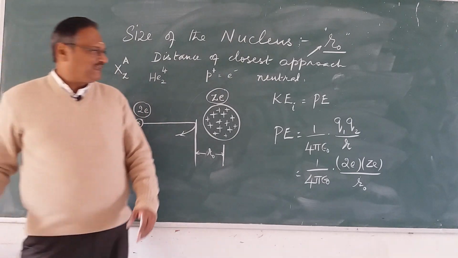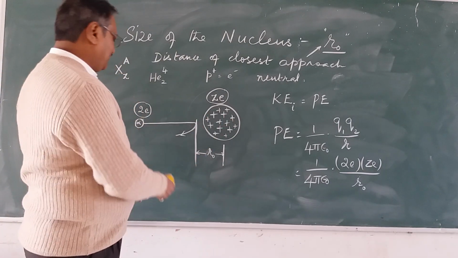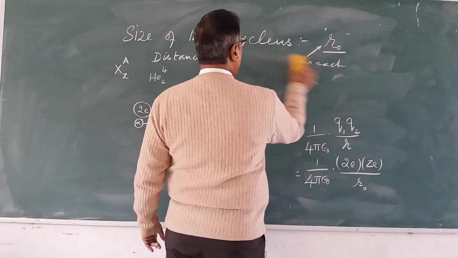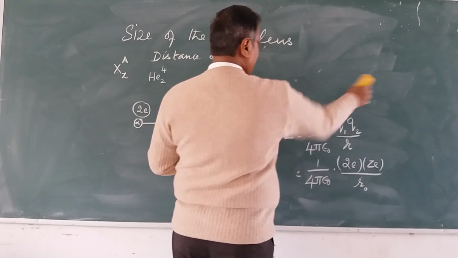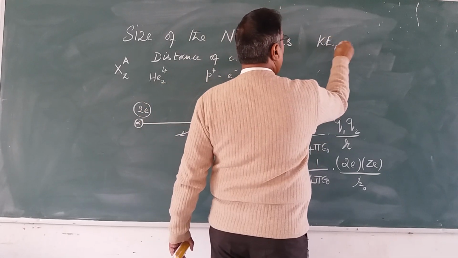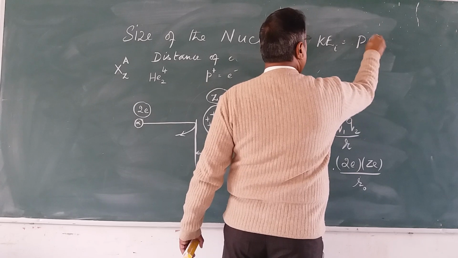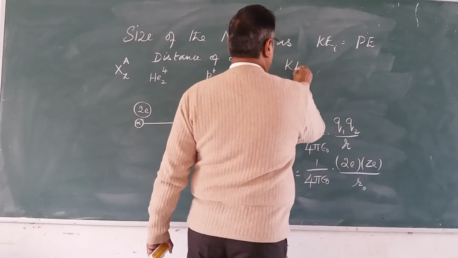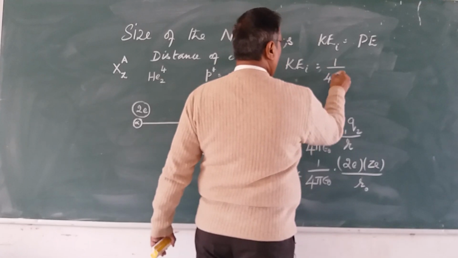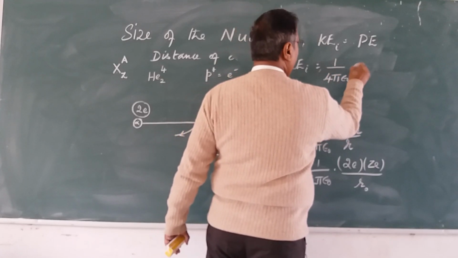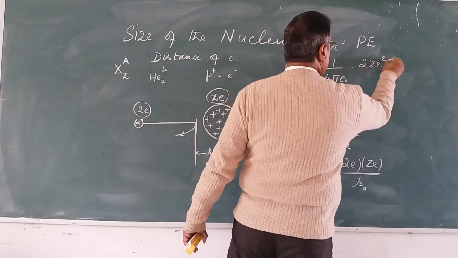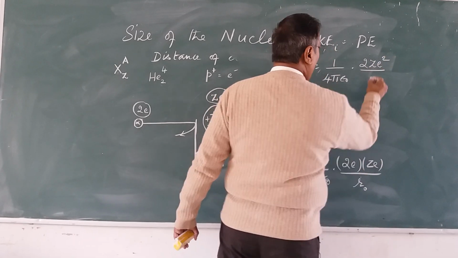Once we know that, we have to make some calculation here. I think I should erase this part so that we can solve it in this area. We know that initial kinetic energy is equal to potential energy, which is 1 upon 4 pi epsilon naught into 2Z E square divided by R naught.